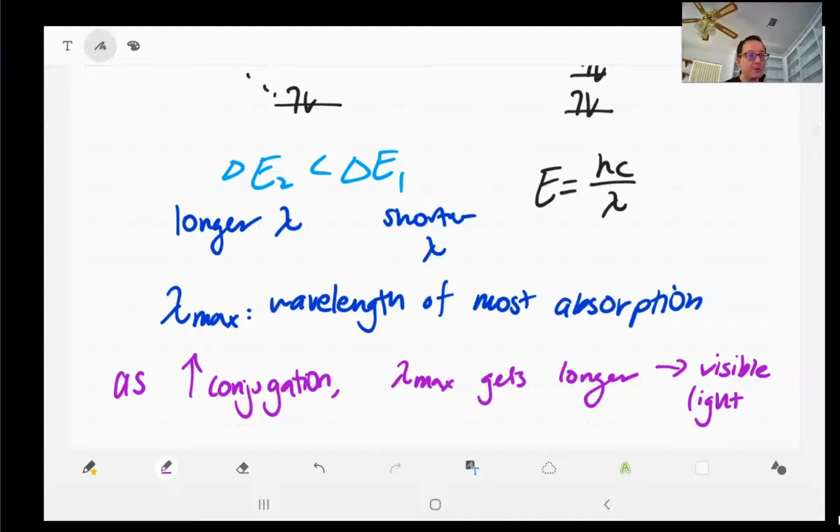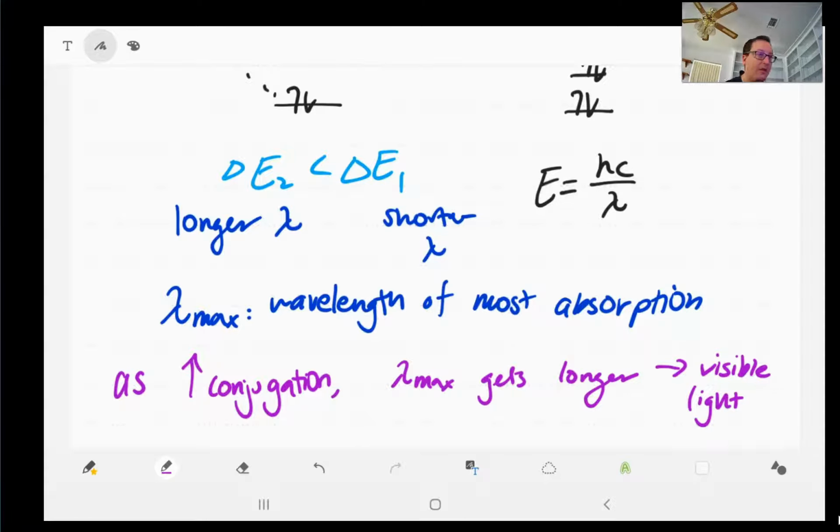And remember, once something absorbs light in the visible spectrum, then we can see it as having a color. So beta carotene, which is bright orange to us, makes carrots orange, right? That arises because the blue light of the visible spectrum is being absorbed. Remember in 102 you talked about a color wheel and you had all the opposite colors. Suffice it to say, I'm not going to test you on that.